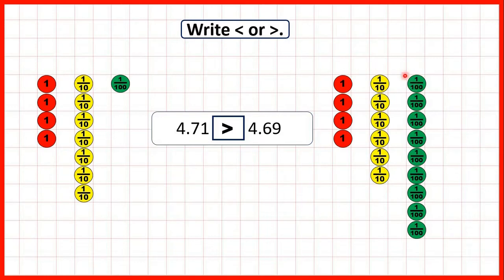It doesn't matter that here we have 9/100ths and here we only have 1, because remember, we need 10/100ths to make something with the same value as just 1/10th.